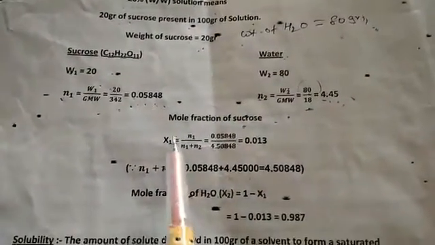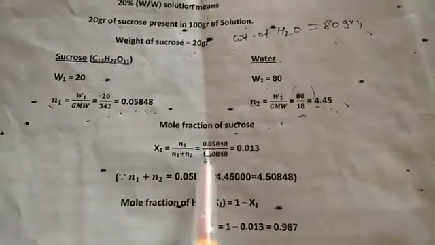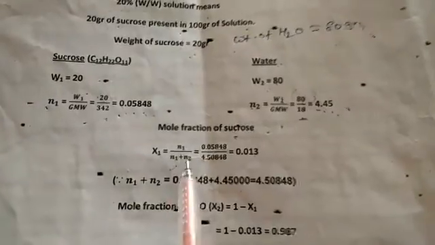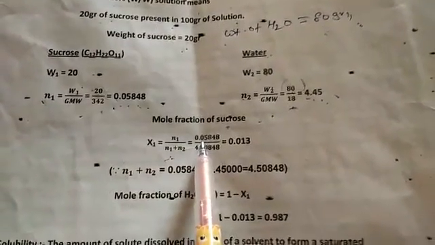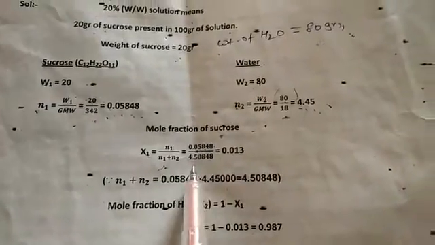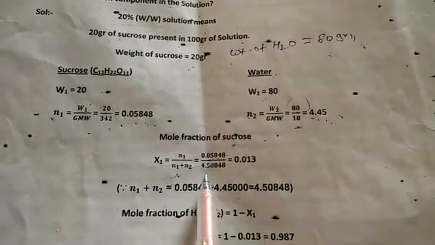So, mole fraction of sucrose equals number of moles of sucrose divided by total number of moles of sucrose and water. That is 0.05848 divided by total number of moles N1 plus N2.